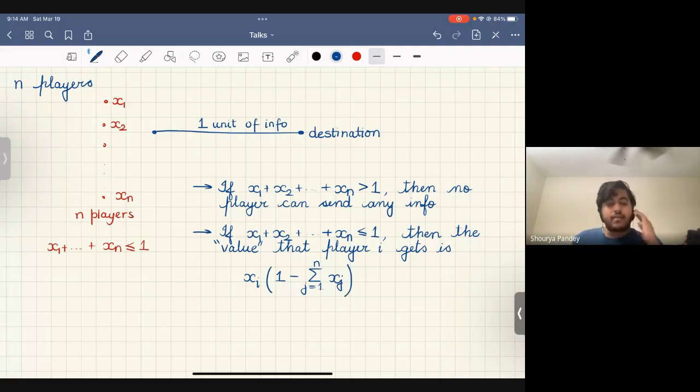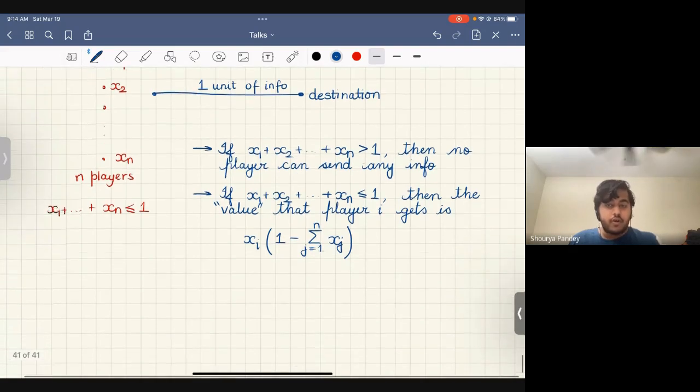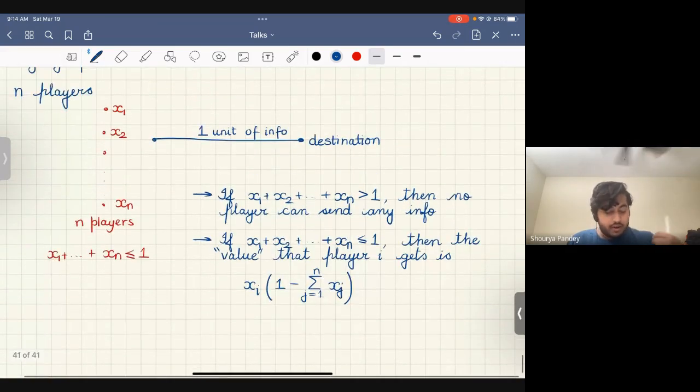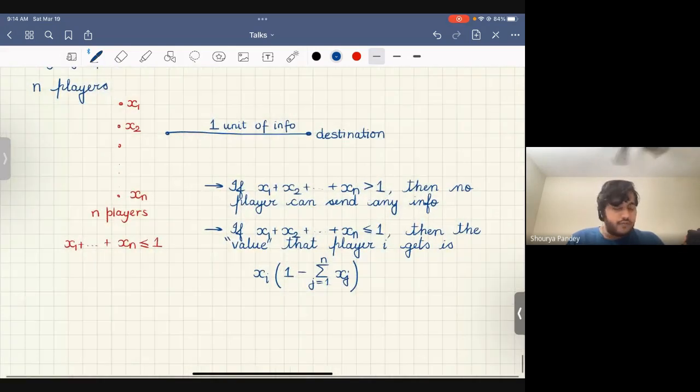What this means is that there is some sort of deterioration of the rate of information flow as the load on this bandwidth increases.